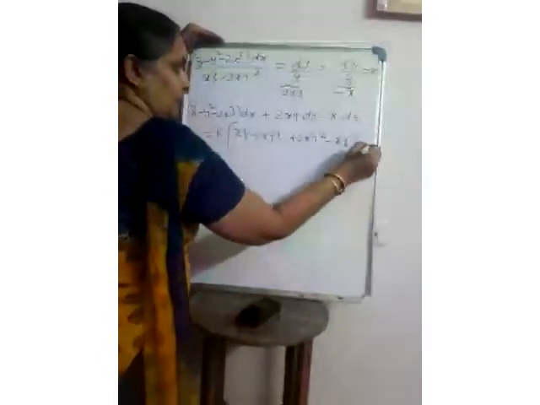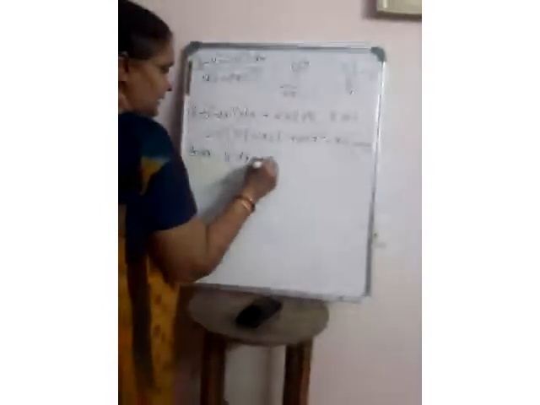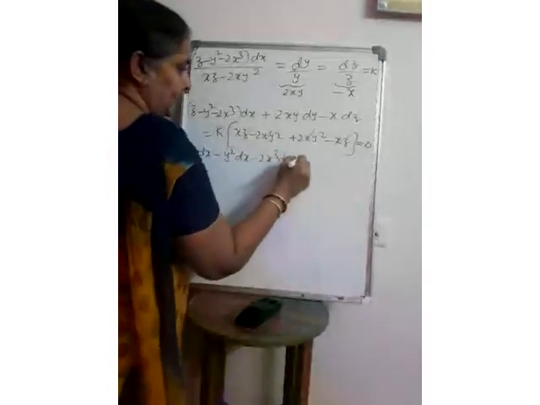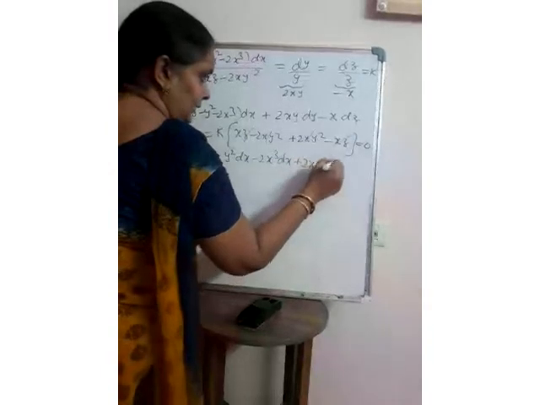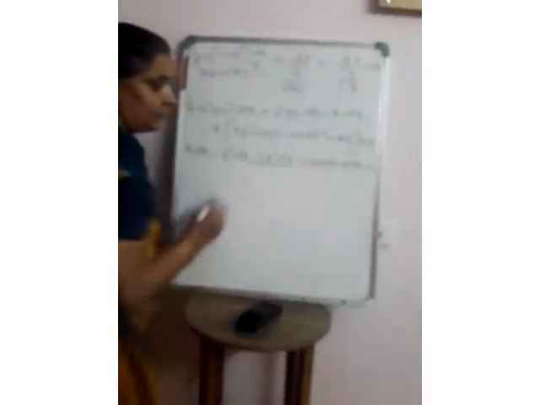Now see how I rearrange these terms. I'll expand it: z dx minus y square dx minus 2x cube dx plus 2xy dy minus x dz equal to 0. You can observe here that this is the only term we have as a pure function.